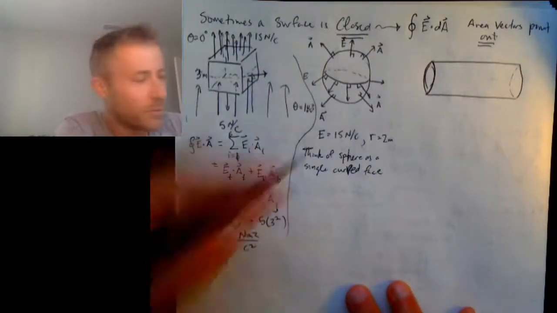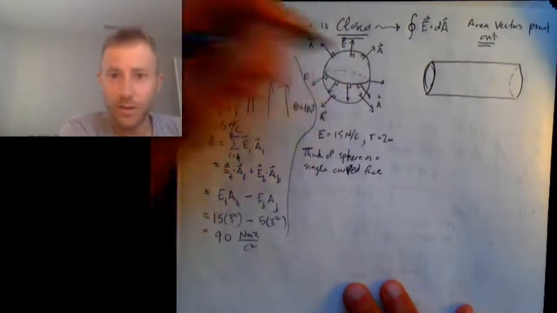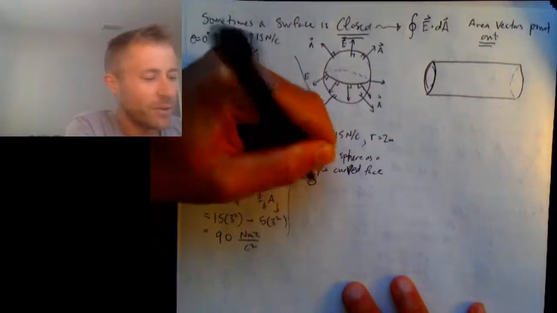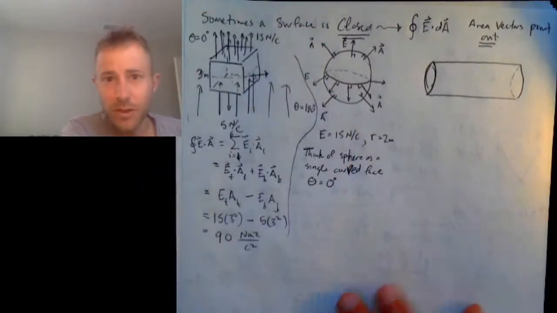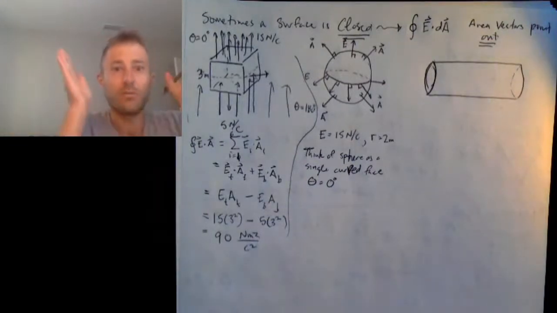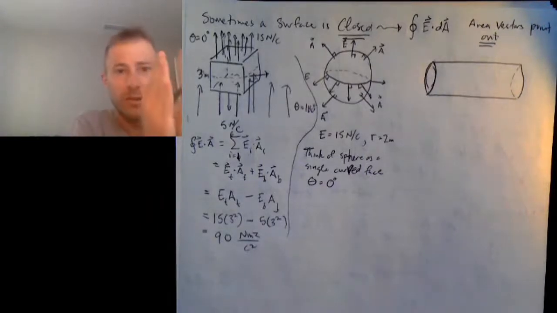And furthermore, because the electric field points out and the area vector also points out, we're going to have an angle of 0 degrees because the electric field always points out and the area vector always points out as well. So they're always going to be pointing in the same direction.